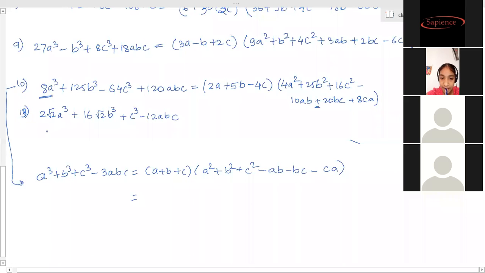Whose cube is this? 25. 16, the 16th cube is there. Whose cube is 64? 32. No, one minute.